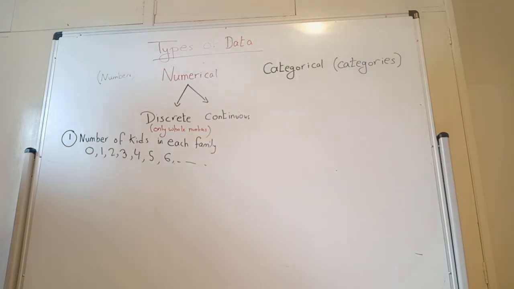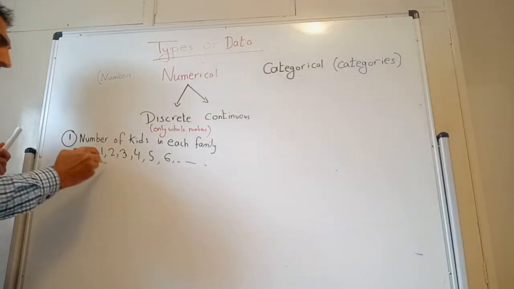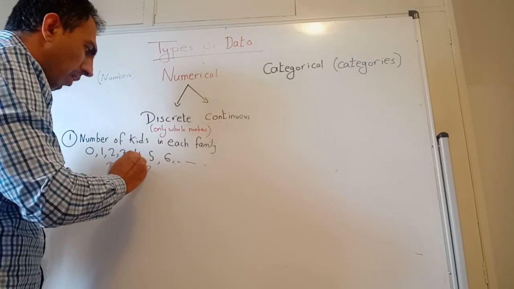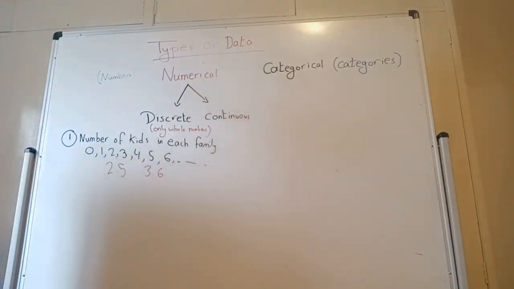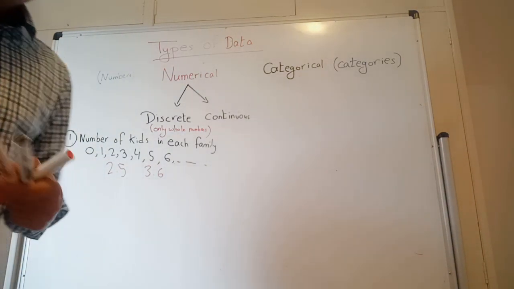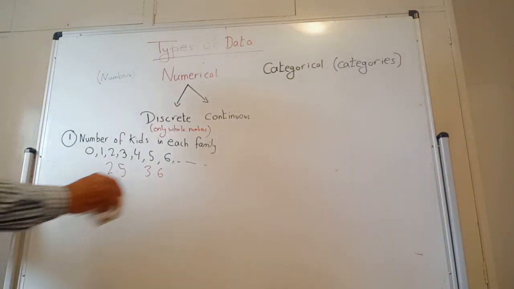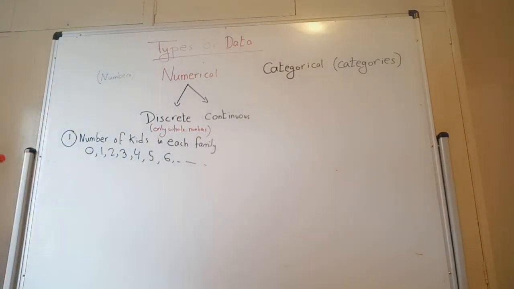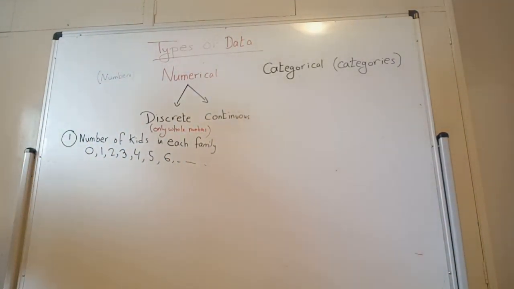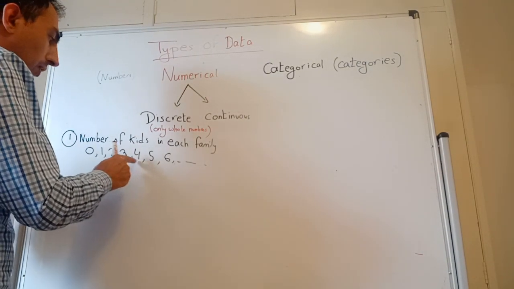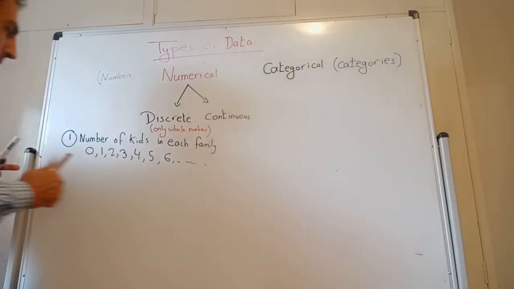Okay? Can I have 2.5 kids in a family? Can I have 3.6 kids in a family? No way. So when I talk about number of kids in each family, I cannot use fractions of numbers, like 2.3, 2.4. I should only have whole numbers like 0, 1, 2, 3, 4, 5, 6, and so on.